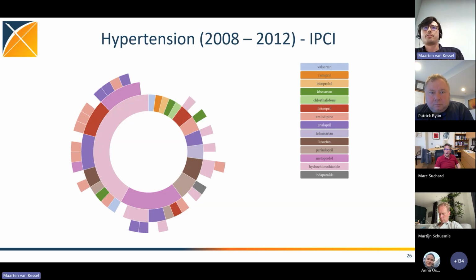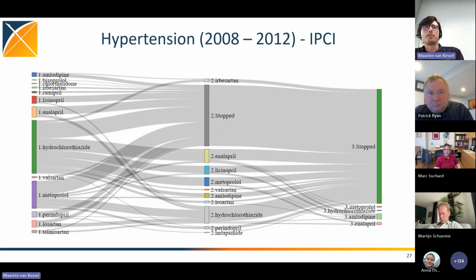Another visualization, which I tend to not use that much, is the Sankey diagram, generally because I think they get quite messy with the amount of pathways. If you only have a relatively restricted number of treatments that you're looking at, and they don't jump around that much from one treatment to the other, they're quite nice to follow to see how the pathway progresses.